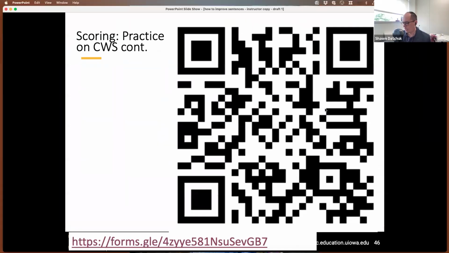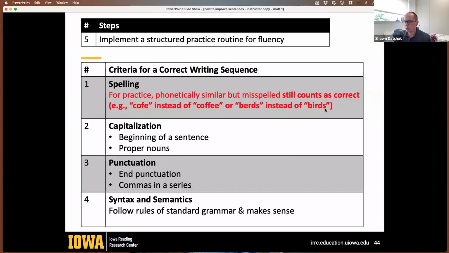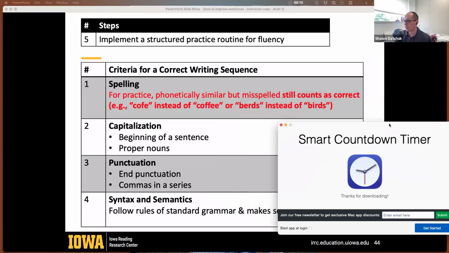So let me bring up those scoring rules. In between every single sequence, you would see whether or not it's spelled at least phonetically similar, correct capitalization, punctuation, and then each word follows standard rules of grammar. Just for the sake of time, I'm only going to put up about 2 minutes for scoring that. So if you can, go ahead and take some time on trying to score that.